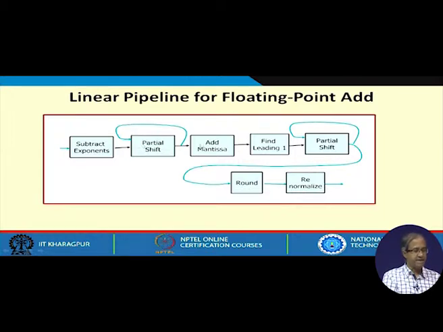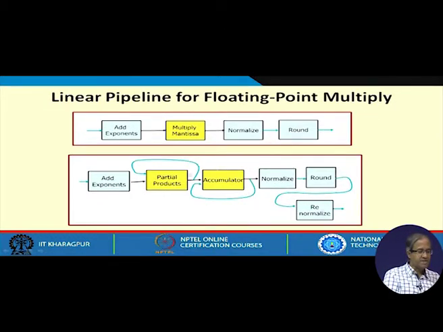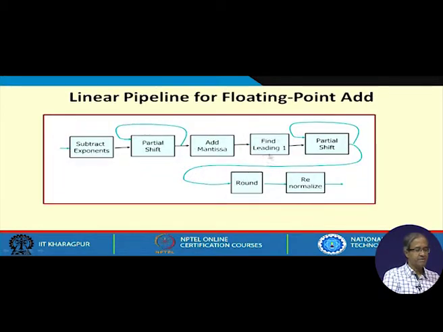After this shifting, you do an addition, you find the number of leading ones, then you will have to do a left shift by that many positions. This also can require multiple cycles, then rounding, and for IEEE format renormalize. So, you see with respect to the previous diagram, there are some similarities, okay. Some are different, some are similar.